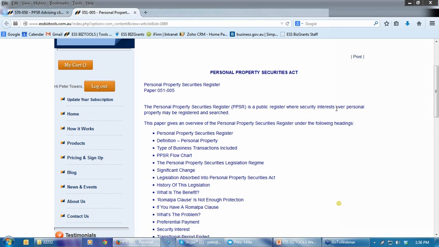So the legislation does leave the loophole that you can apply to the court, but it could be quite costly, and it would have been far better to have paid the $8 in the first instance to protect your client for those transactions.